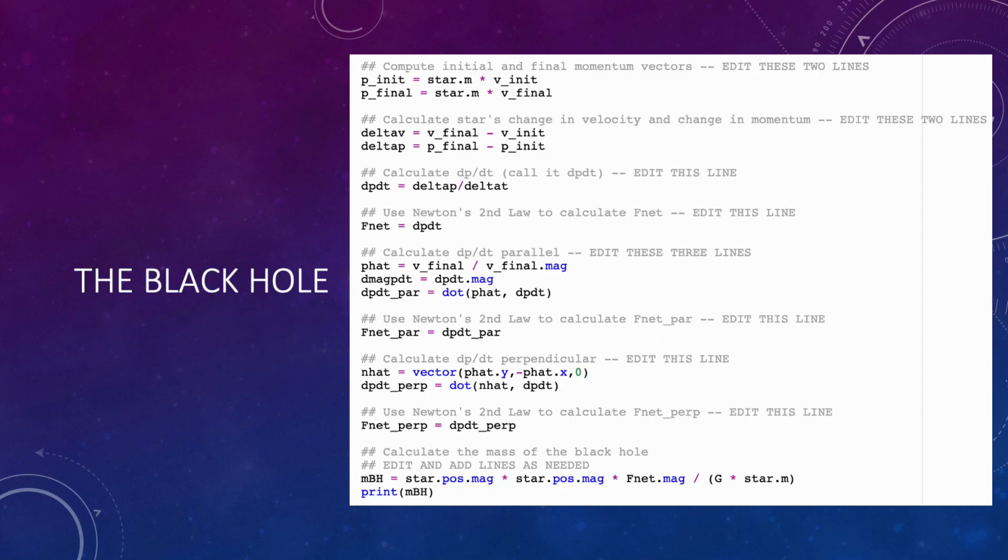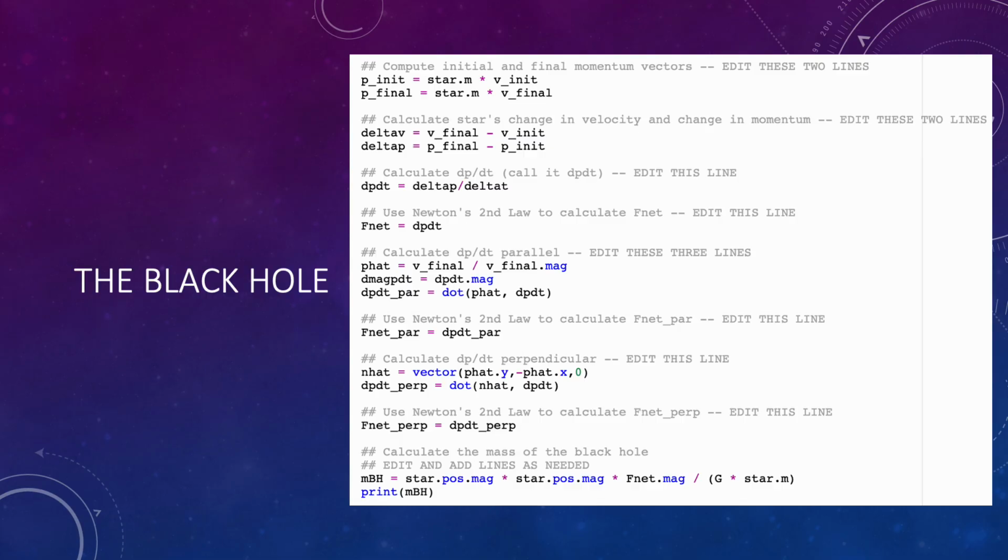Look at the code here. We walk through finding the initial and final momentum of the star, then the change in velocity and change in momentum. Then we can find our force, which is equal to dp/dt, the change in momentum with respect to time.